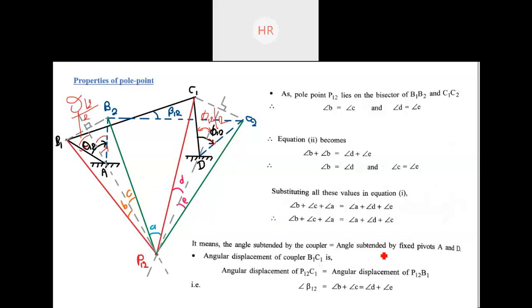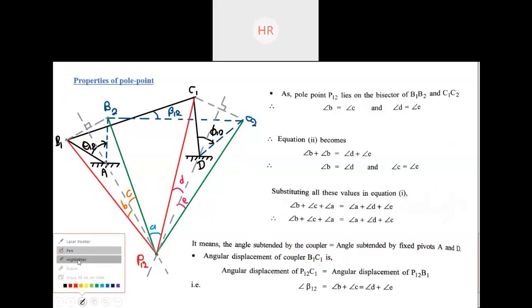So it means the angle subtended by the coupler, that is, this link B1C1, is equal to the angle subtended by fixed points A and D. So you can say the angular displacement of P12C1, ये जो लाइन है B1 C1 P12, is equal to the angular displacement of P12 B1.